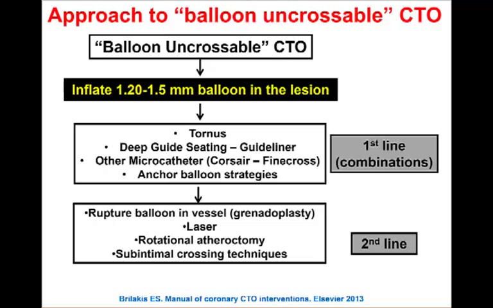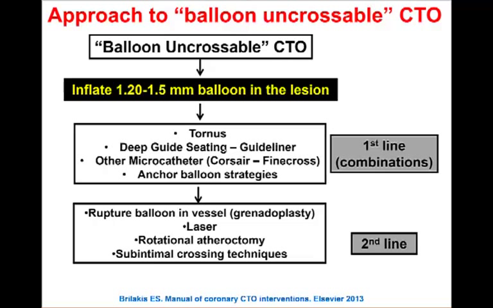If this doesn't work, then we perform maneuvers to increase guide catheter support, such as guide catheter extensions and various anchor balloon techniques. This can be performed in combination, for example, anchor with Tornus or microcatheter in addition with a guide catheter extension.